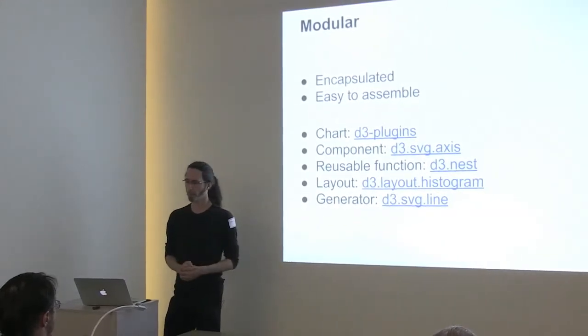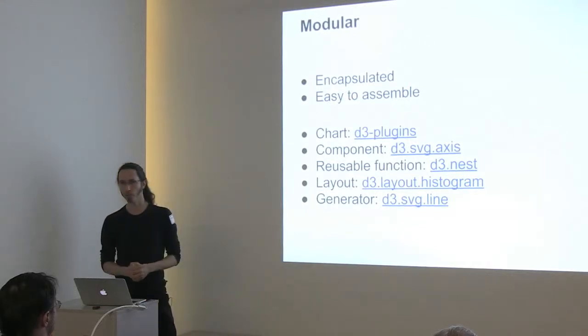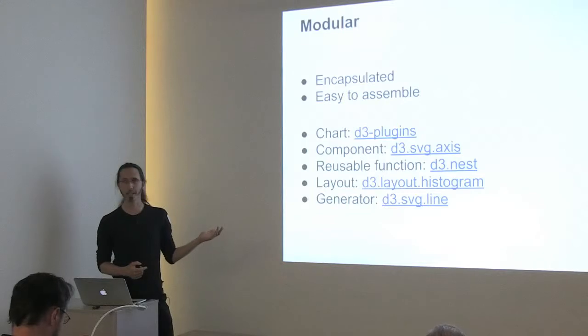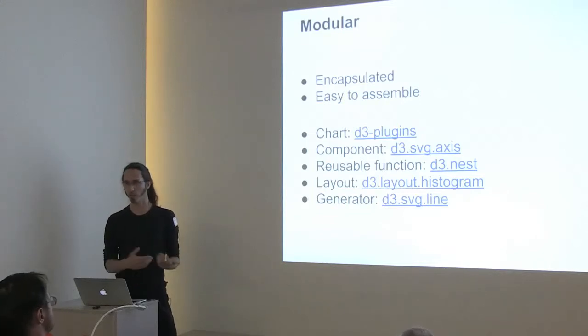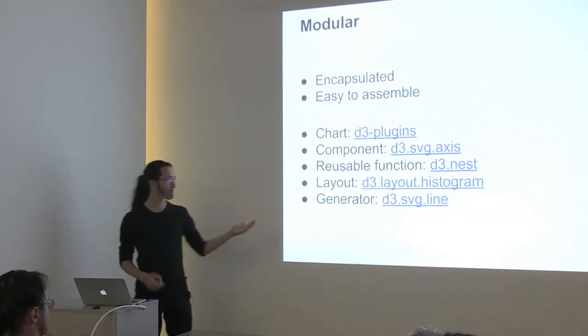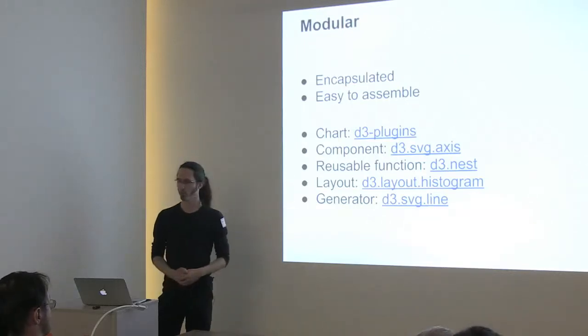And it's the same thing with functions. You can have reusable functions. Like the D3 nest is really meant to be reused, but it's not a chart either. You can have some layouts. You can have some generators, like the line generators.